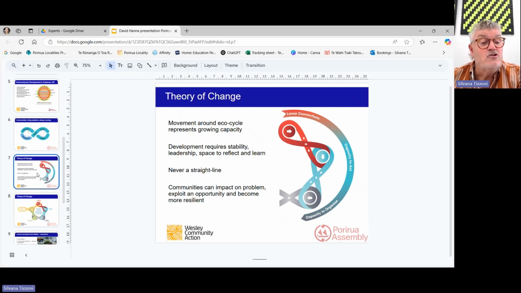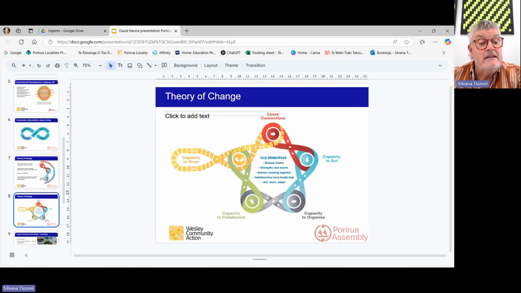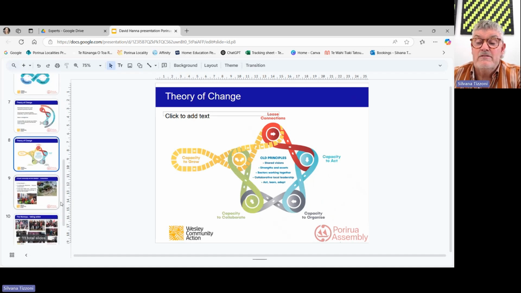So as this picture illustrates, moving from loose connections, the ability to act, the ability to organise, and then as they feel more confident, the ability to partner and collaborate and cooperate with a range of groups. That's generally the dynamic, and understanding that happens as part of community-led development.